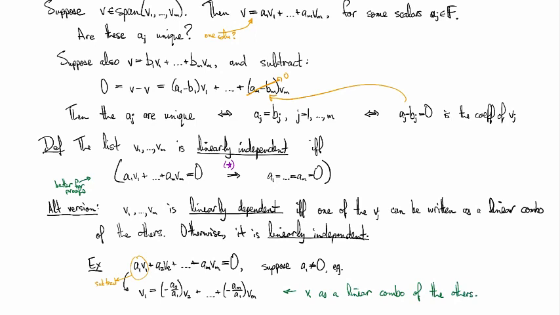So this is supposed to convince you that being able to solve for one in terms of the others is equivalent to being able to write a linear representation of 0 in a non-trivial way, meaning that one of those coefficients is non-zero.